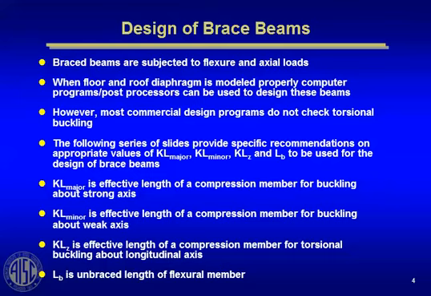And so you end up having to design those elements as beam columns. And how you model those is important, and more importantly, how you take the unbraced lengths of those members is also very important, because I think a lot of engineers make some errors there that I want to point out to you in these next series of slides.